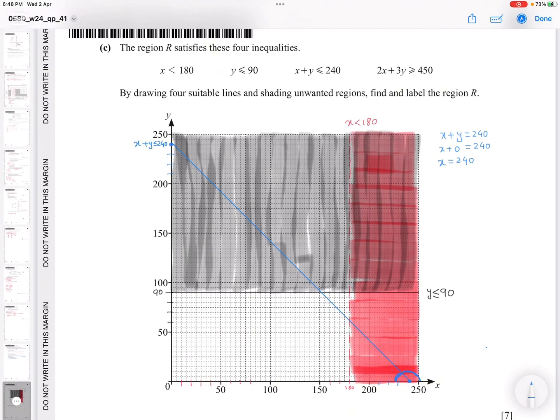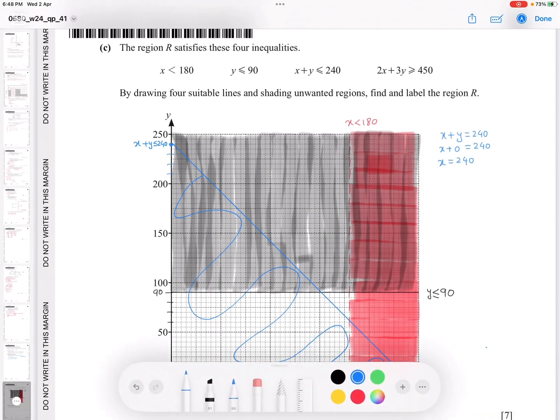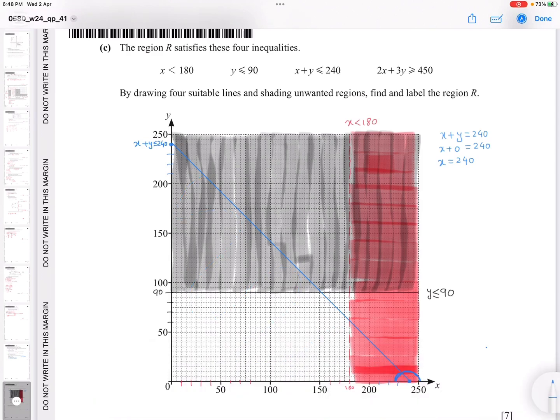So one angle is small and the other angle is bigger. On the smaller angle side, this whole area is the required region because it says x plus y is less than or equal to 240. This blue line is x plus y less than or equal to 240. It should be a solid line because the inequality sign is less than or equal to.